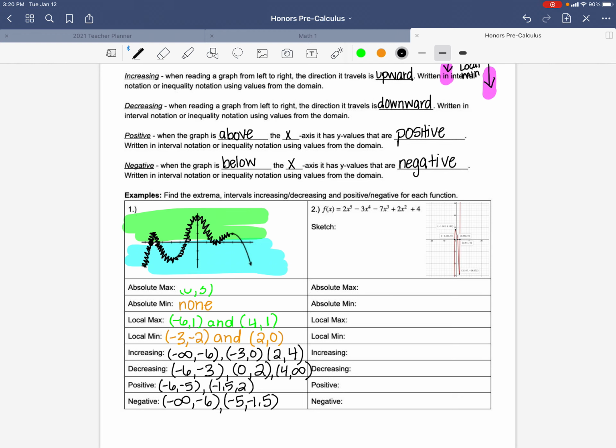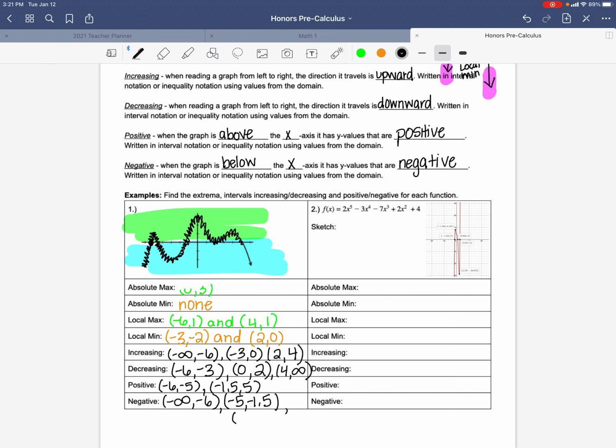And then from 2, well, actually, no, let me back up and re-say that again. We actually are going to stay above the x-axis from -1.5, and we stay above the x-axis until we get to +5. So -1.5 to +5.